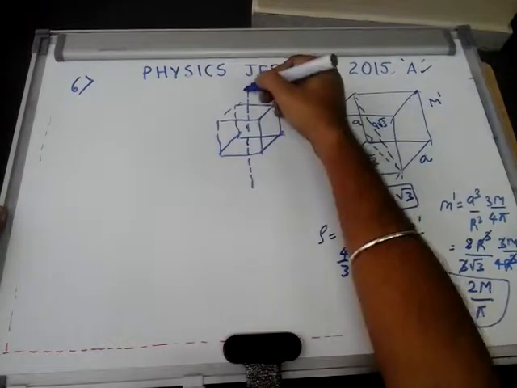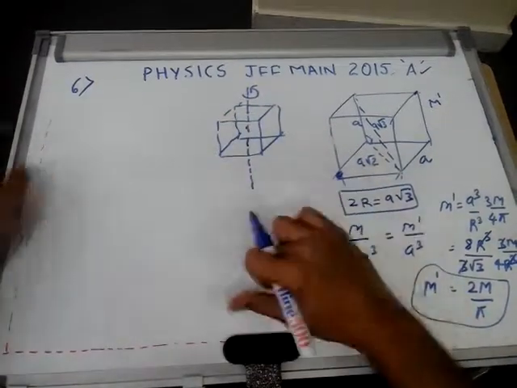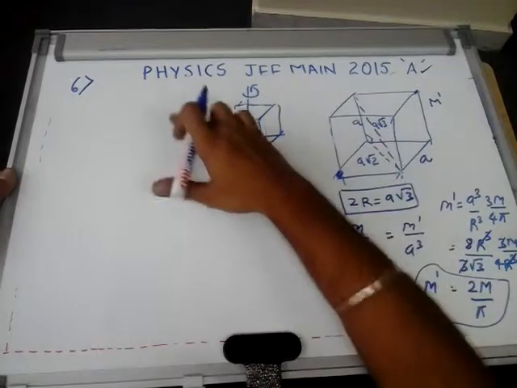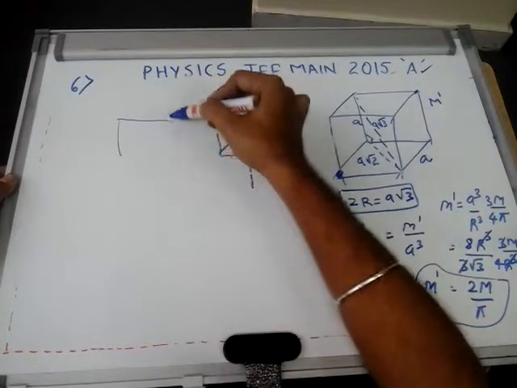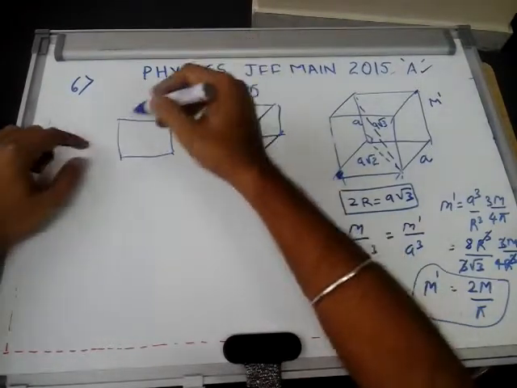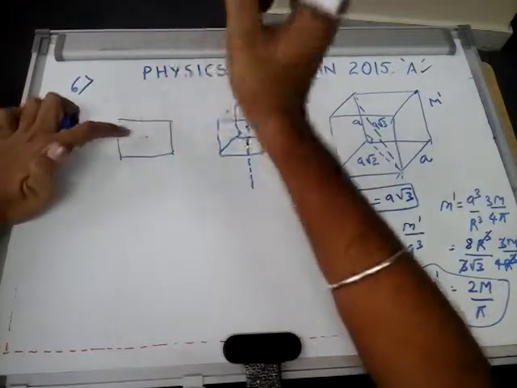We have to find the moment of inertia about this axis. We can find it using the concept of moment of inertia of a metallic square plate about an axis perpendicular to the plane of the plate and passing through the center.